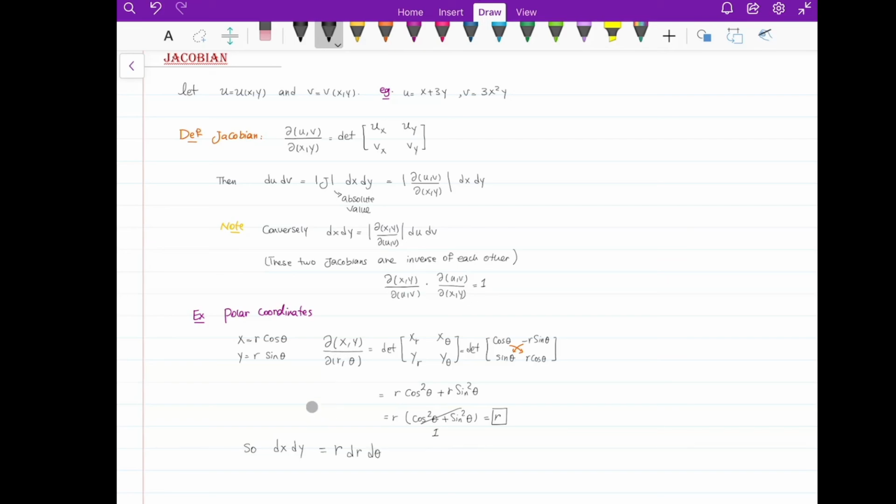As you remember, in polar integrals we use this transformation to write the area element in polar coordinates. In the next video I'm going to solve more examples.